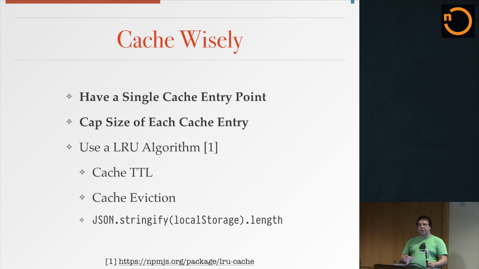And since JavaScript doesn't have a one-to-one way of getting the size of an object, the only way is to use JSON.stringify on the local storage item. And this is not a big burden because JSON stringify is a native operation and it tends to run quite fast. I haven't tried to benchmark it to its limits, but for all practical production code, I didn't have any issues when I take the length of an item by stringifying it.